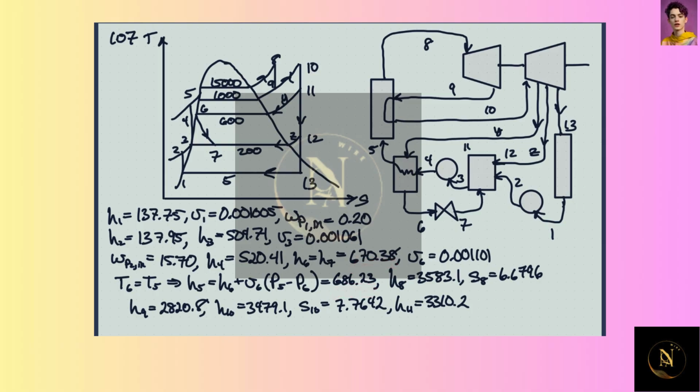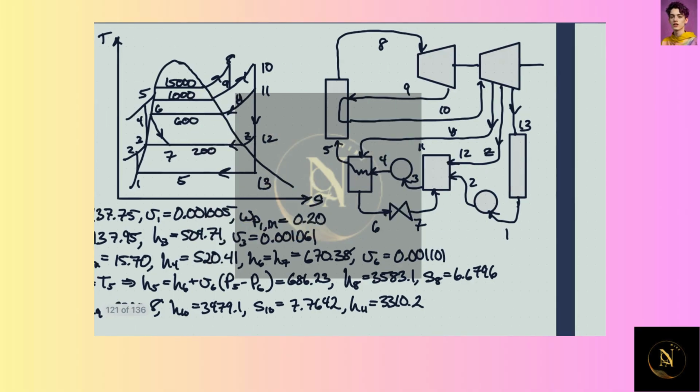If we had just said H5 was H6, it probably wouldn't have changed the numbers all that much, because the work in getting the pressure up is very small compared to what's put into the boiler, and what we get out of the turbines.